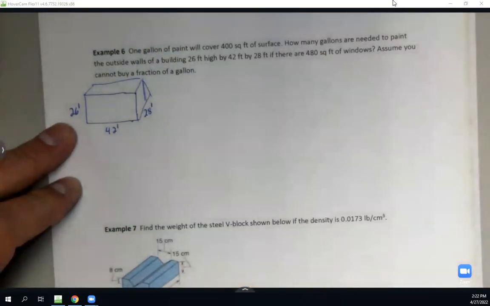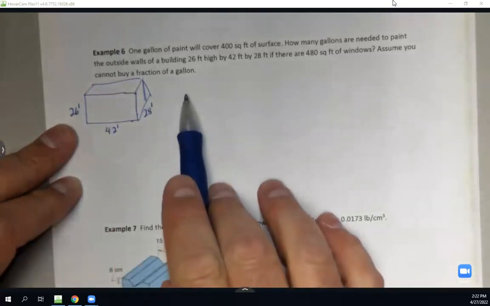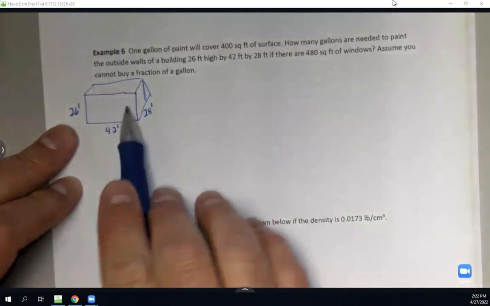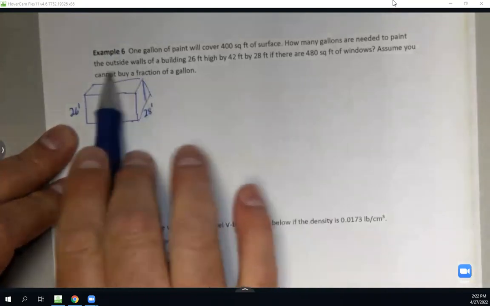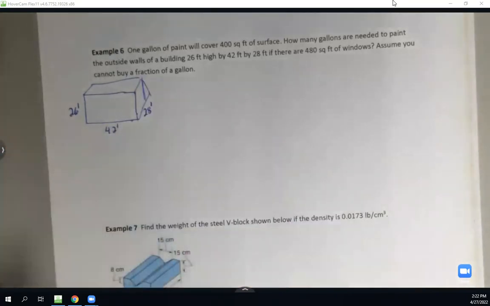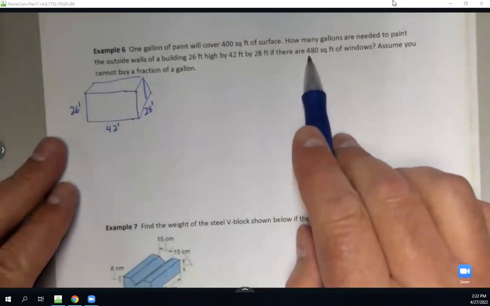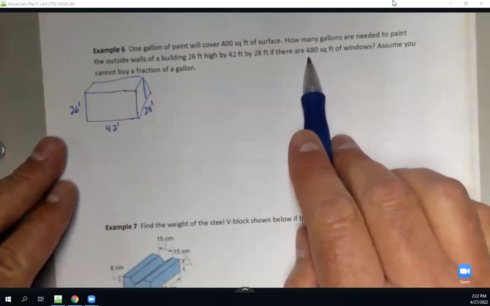Does that make sense? Now, we're just going to paint the outside walls, right? So I need to paint this wall, there's this wall on the back side, and there's this wall on the left side. So in other words, I'm going to paint the lateral surface area. So I'm really needing to find the lateral surface area. But as an added complication, there's windows.